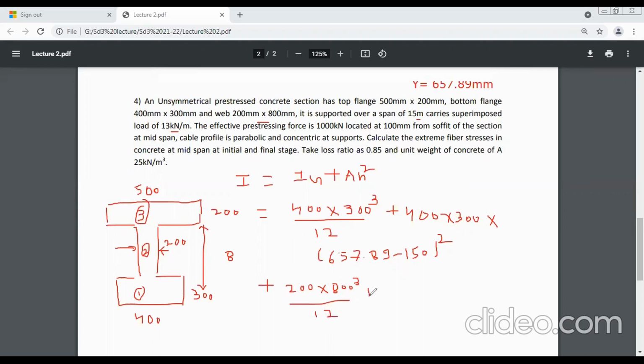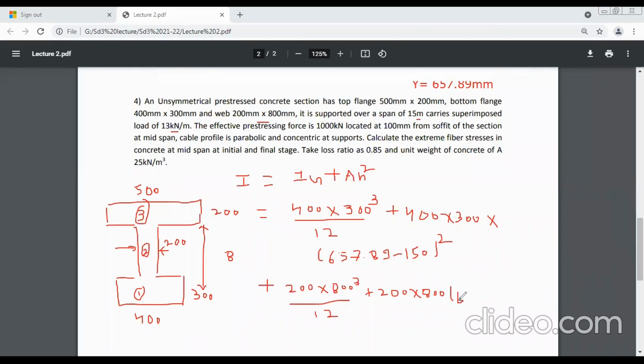Then plus the area of this web, 200 into 800. Then H square means y bar minus y2, squared.